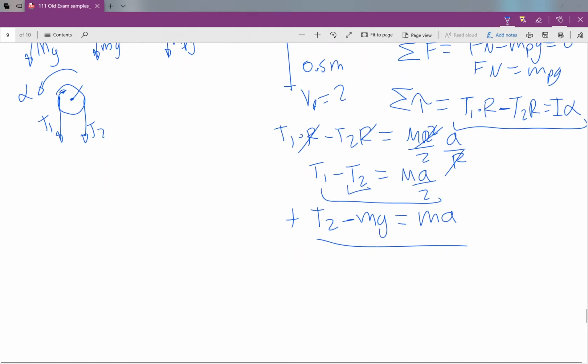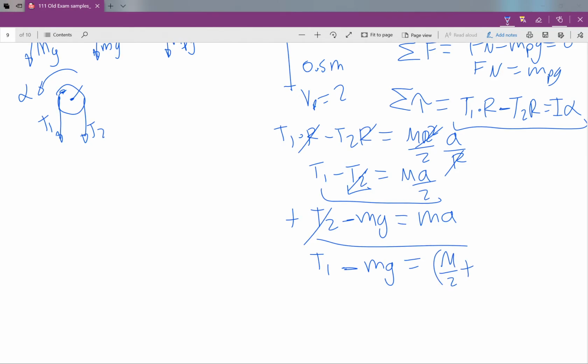The T2 cancels, and we're left with T1 minus little mg equals 1/2 big Ma plus little ma, so big M over 2 plus little m, multiplied by a.